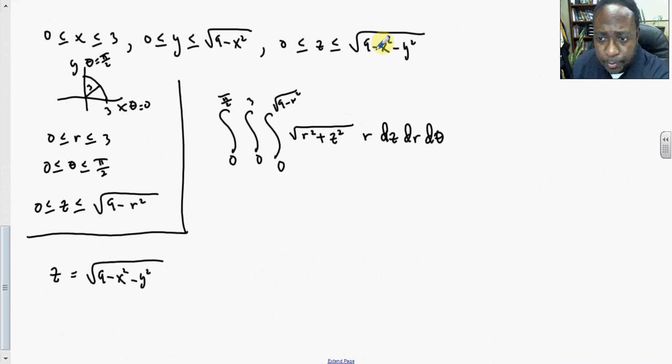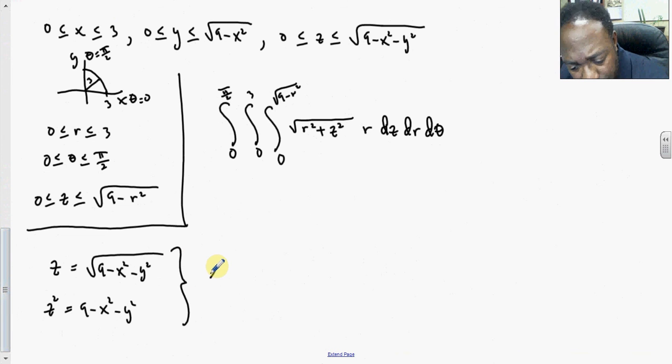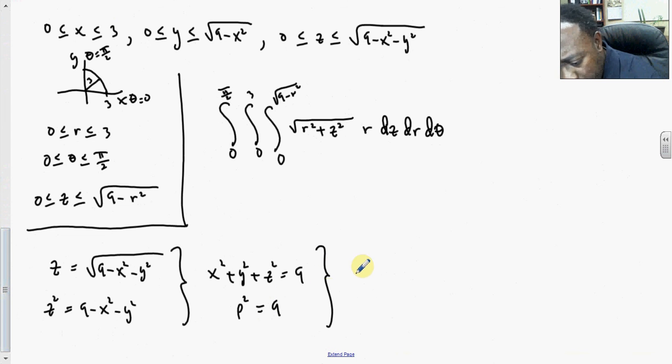You square both sides, we get z squared is equal to 9 minus x squared minus y squared. And that gives us x squared plus y squared plus z squared is equal to 9. But x squared plus y squared plus z squared is rho squared, equal to 9. So here we get rho is equal to 3.